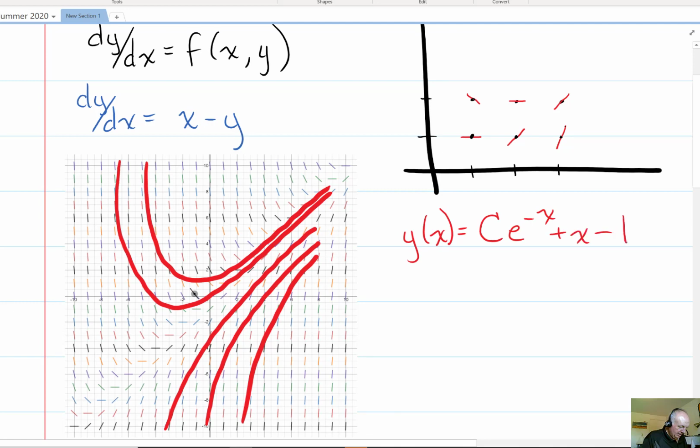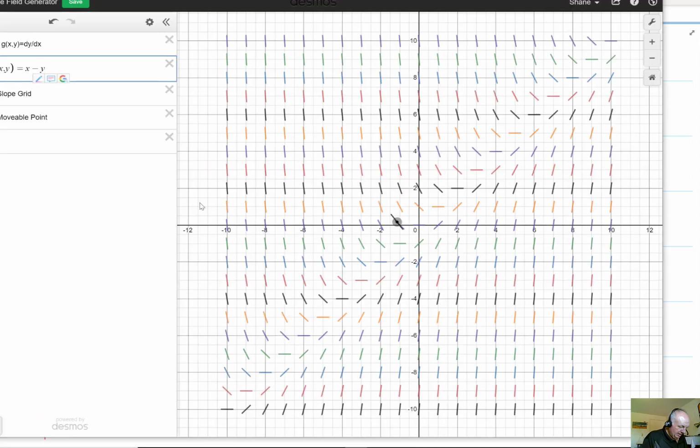So if we go back to Desmos, let's graph that. Let's add in y equals, let's add a list. c equals, we'll just throw in a few here.